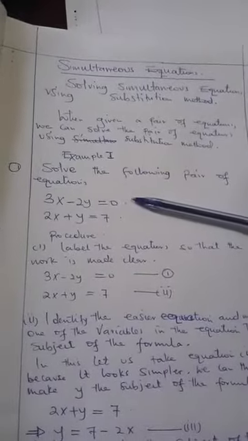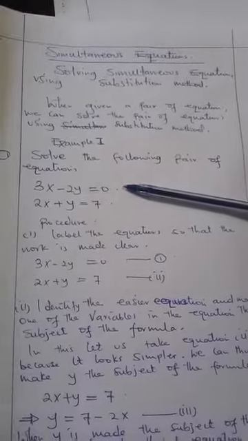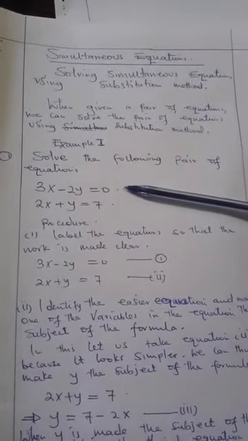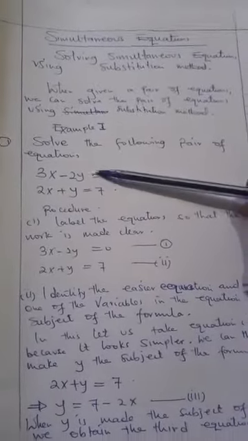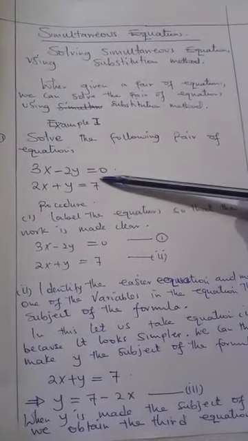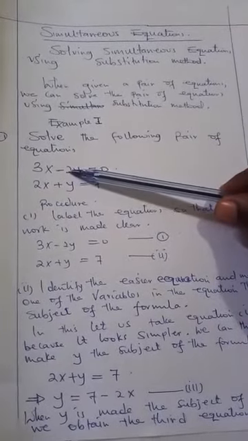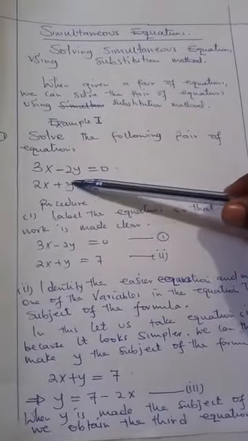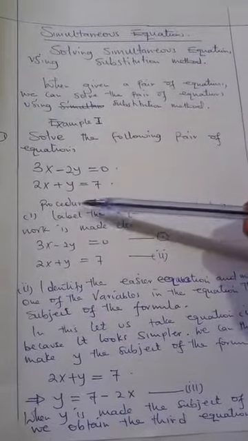So, given a pair of equations, you can solve the pair of equations using the substitution method. Example 1 is: solve the following pair of equations, 3x minus 2y equals 0 and 2x plus y equals 7.